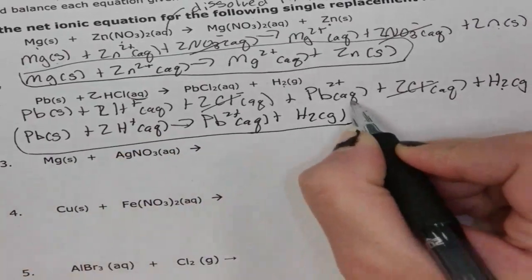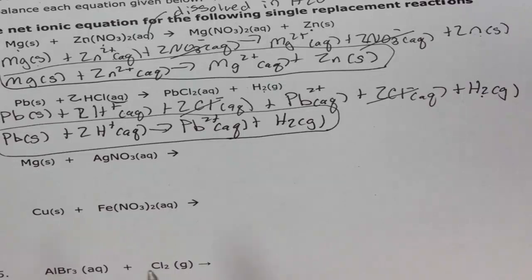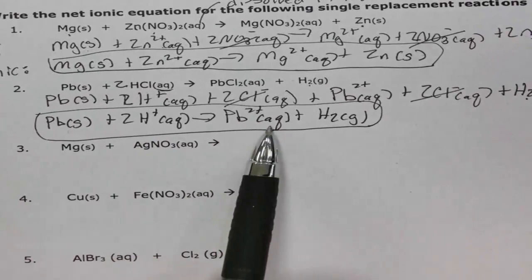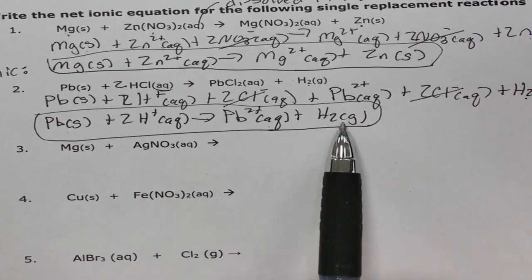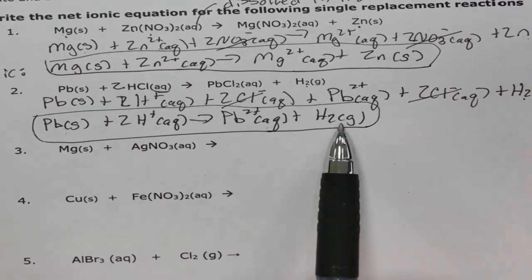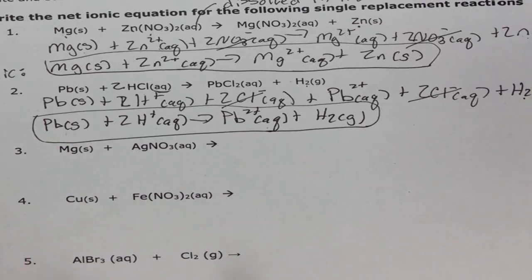All right, and there is my net ionic equation. Solid lead becomes aqueous lead, and aqueous hydrogen becomes hydrogen gas. Law of conservation of mass here. What goes in, comes out, is simply rearranged.